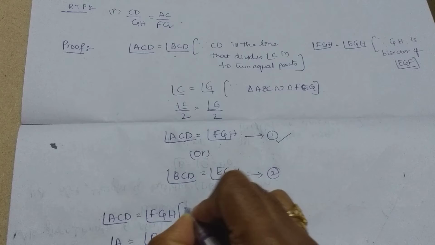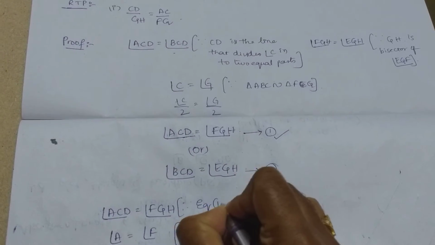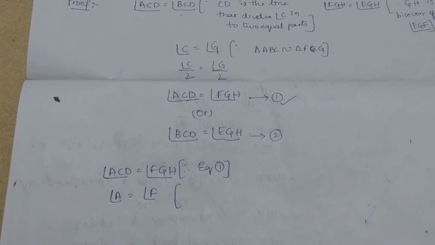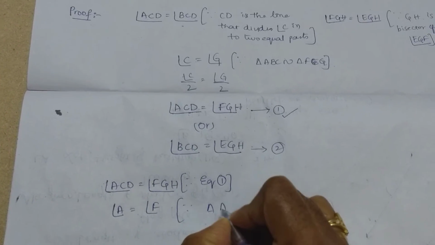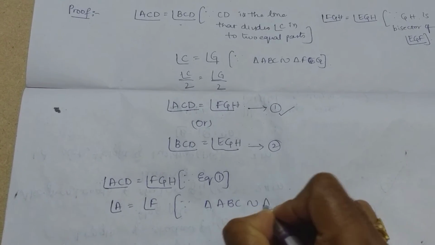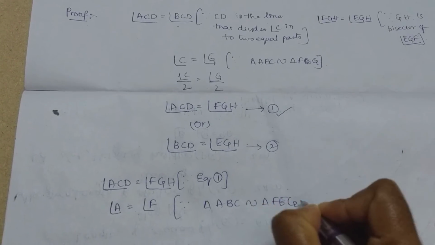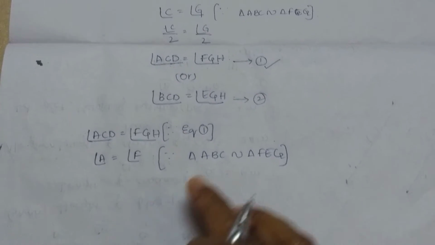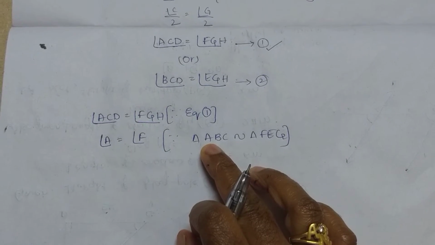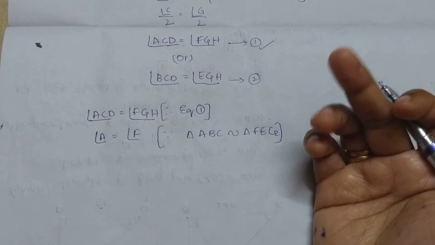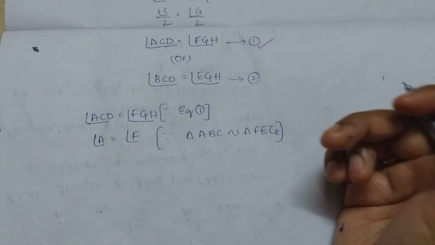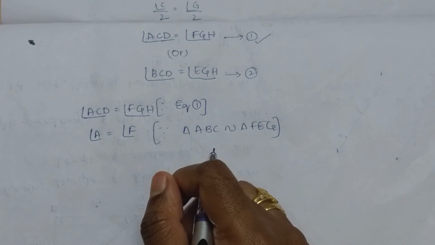Write the reason: since equation 1, angle A equals angle F, since triangle ABC is similar to triangle FEG. As per the AA similarity criterion, if two angles of one triangle are equal to two angles of another triangle, then the two triangles are similar.